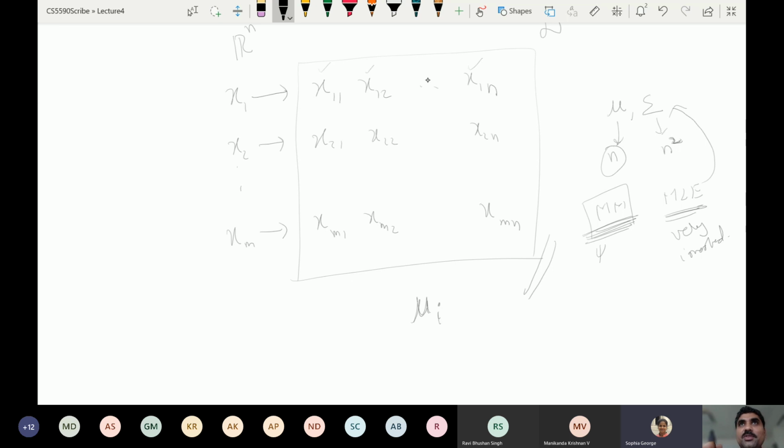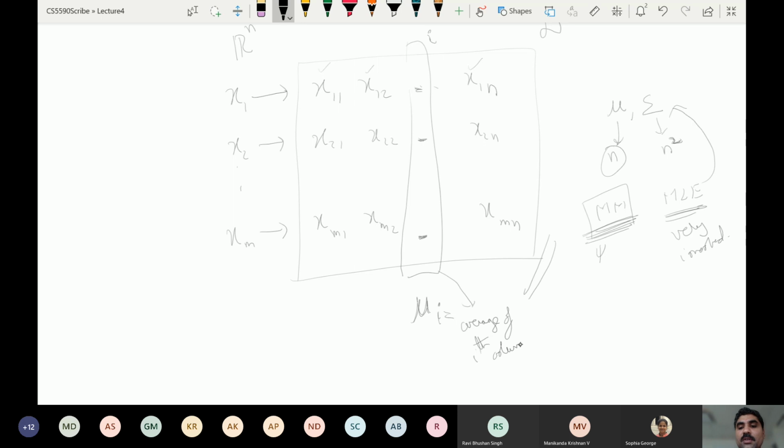Column, right? Very good. So you should take the ith column. What will that do? It will take each sample's ith entry. And what will you do to get mu i? Simply take an average. Average of the ith column.